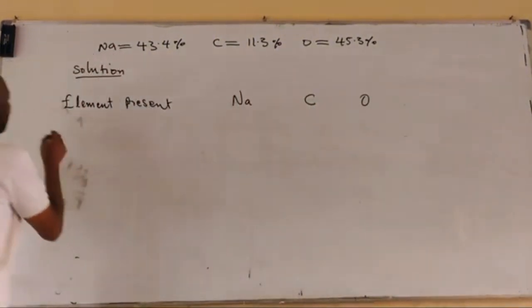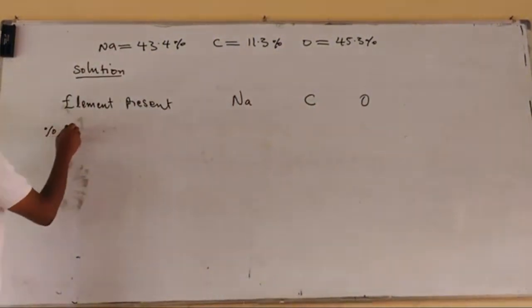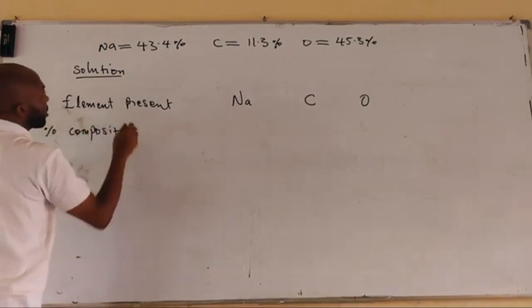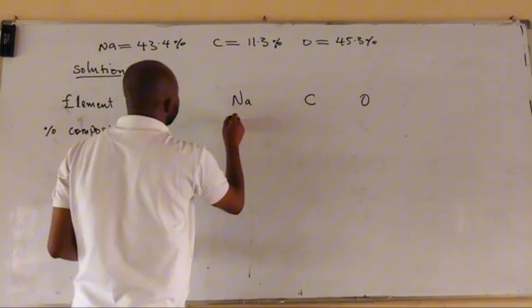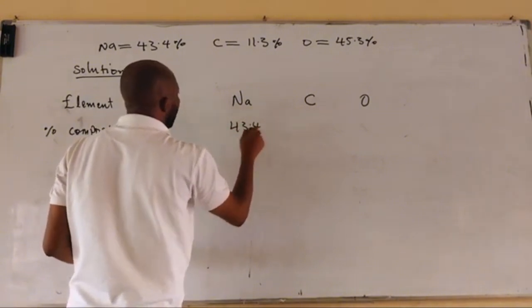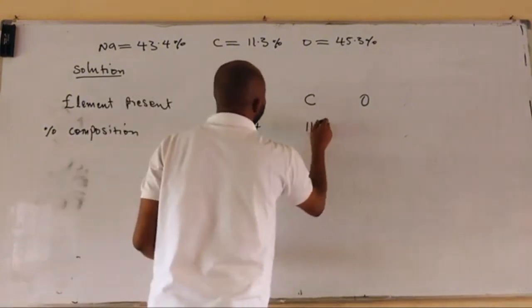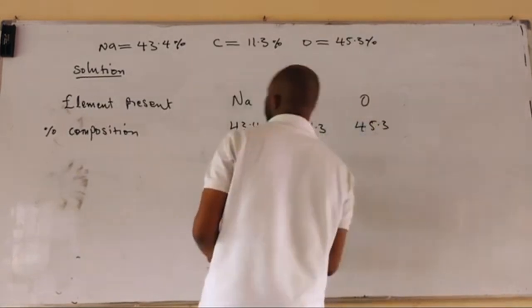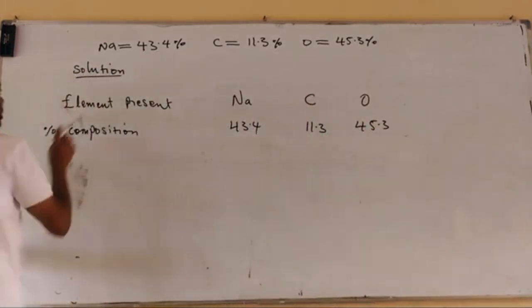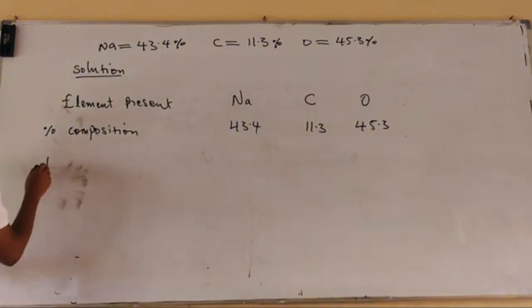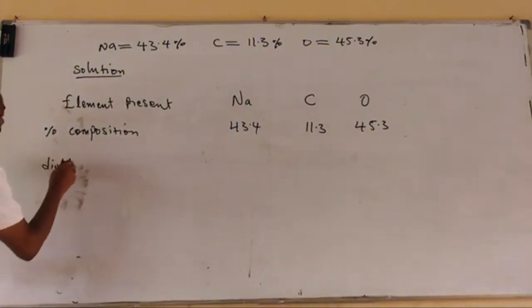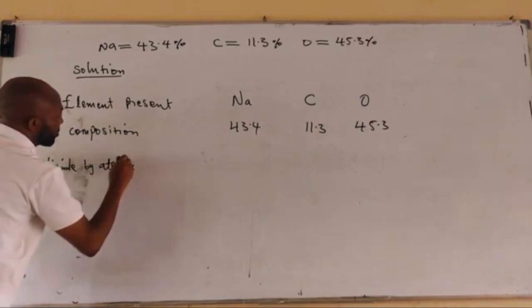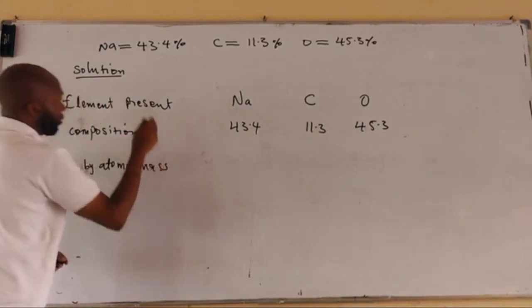Now, percentage composition. What is the percentage? Sodium is 43.4. Carbon is 11.3. Oxygen is 45.3. Divide by the atomic masses of each of the elements.